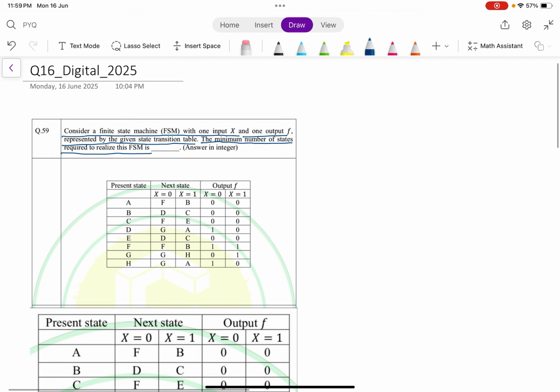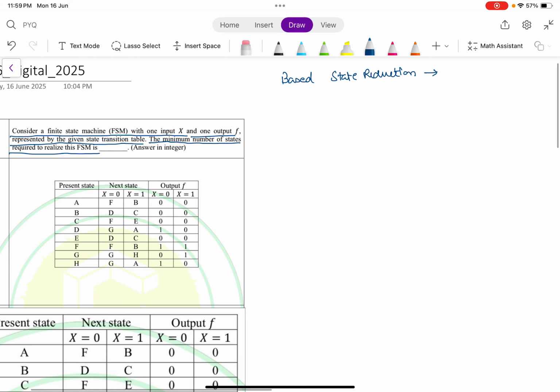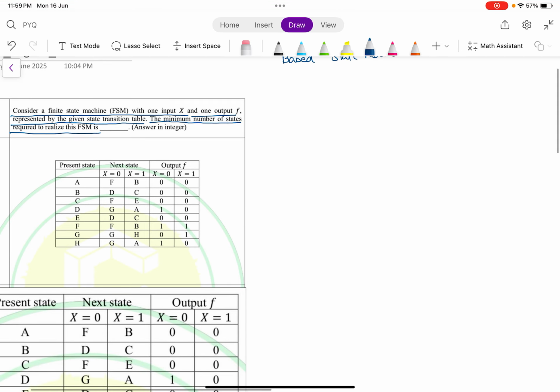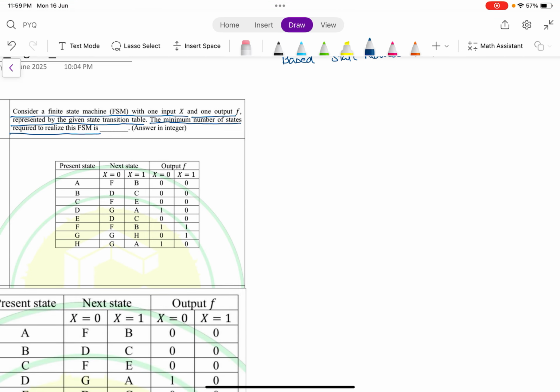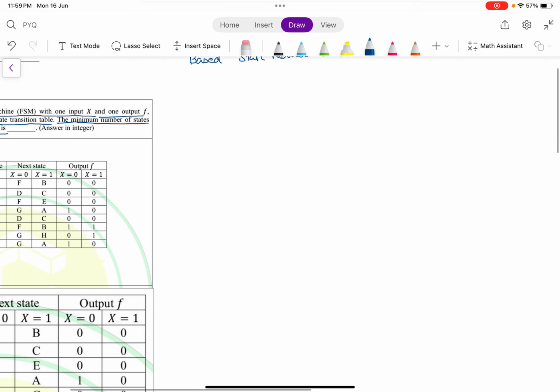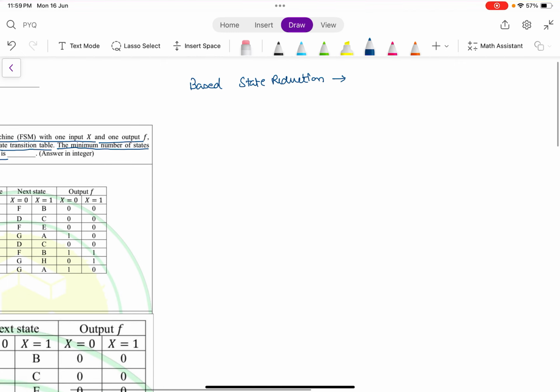So this is a question based on state reduction. One has to follow two steps in order to find the number of states required to realize the finite state machine. So I will write those steps.